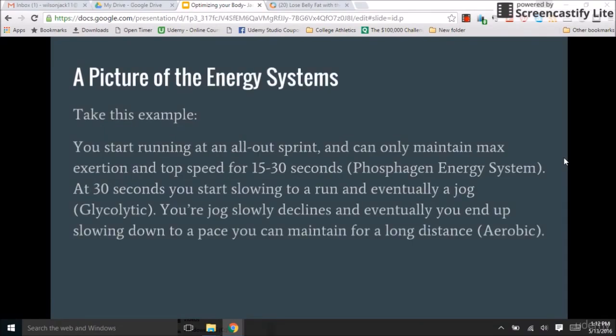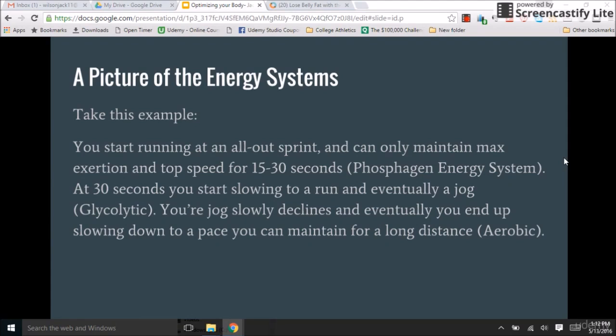So just to give you a picture of what the energy systems working together might look like, you can take this example here. Say you start running on a hill at an all-out sprint. You'll only be able to maintain top speed or max exertion for about 15 to 30 seconds. And that's when your phosphagen energy system is going to be engaged during that time frame. At around the 30-second mark, you're going to start to slow down, which will eventually slow to a jog.